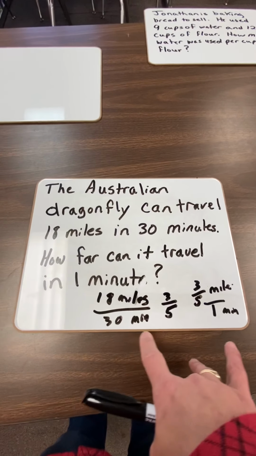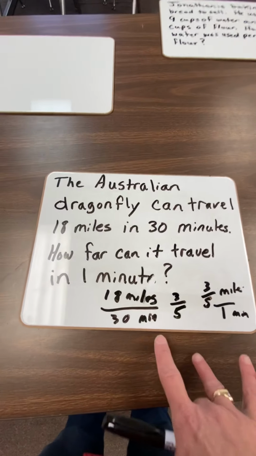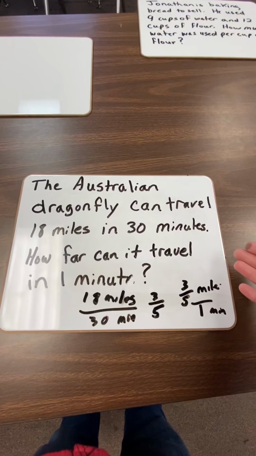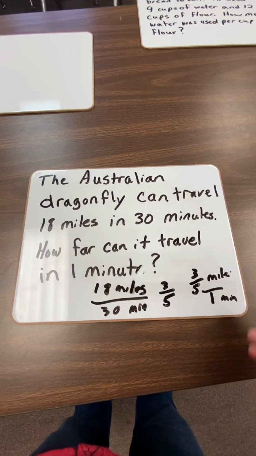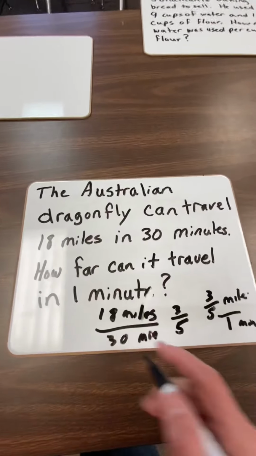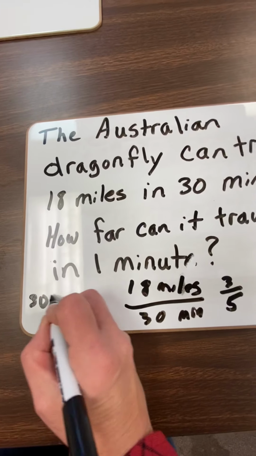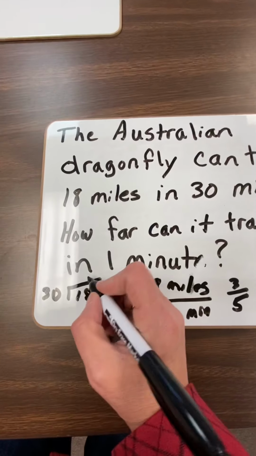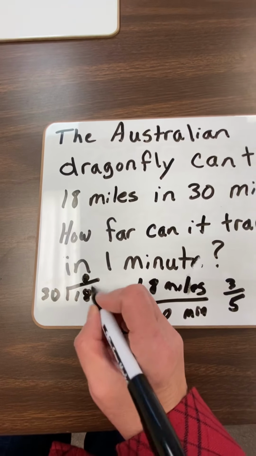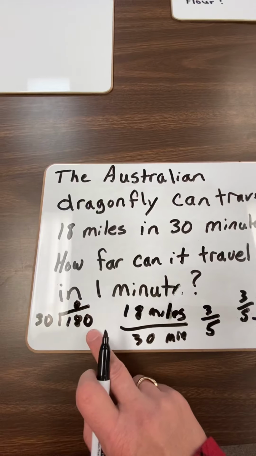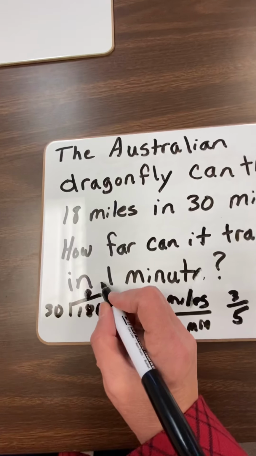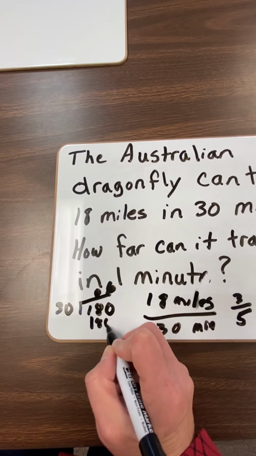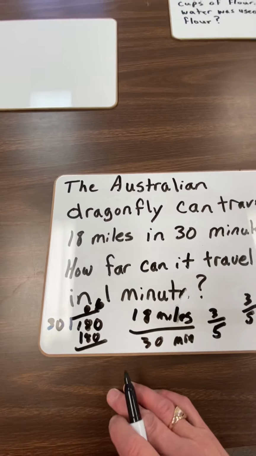It will not be an even amount of mileage traveled in 1 minute. Now if you did it as a decimal, you could divide 30 into 18. 30 can't go into 18, so we put a 0. 30 goes into 180 6 times, because 3 goes into 18 6 times, okay?